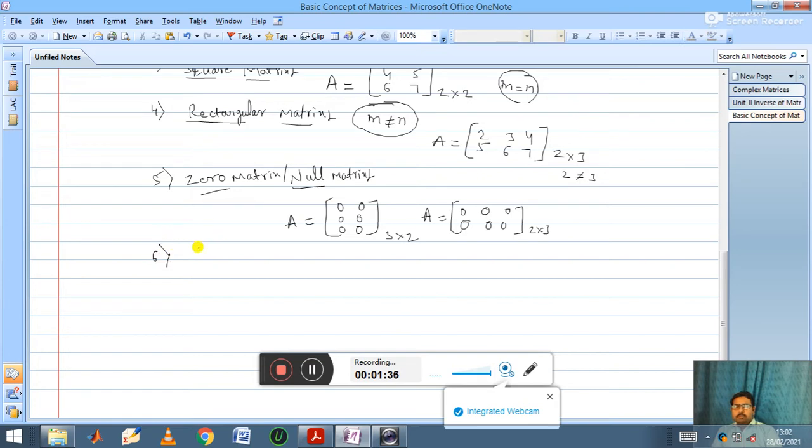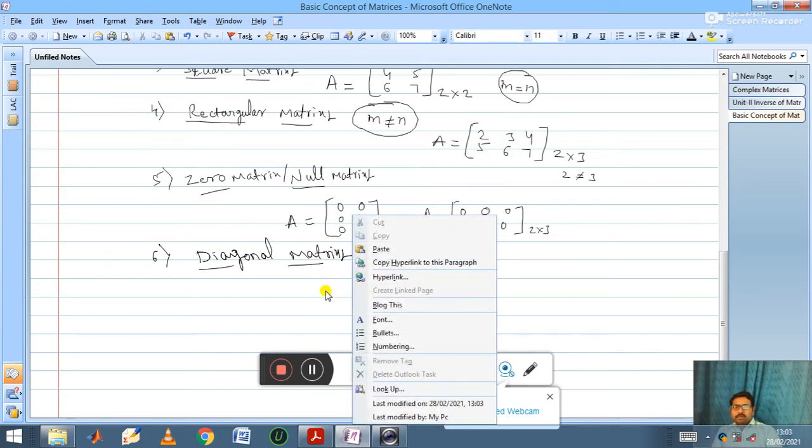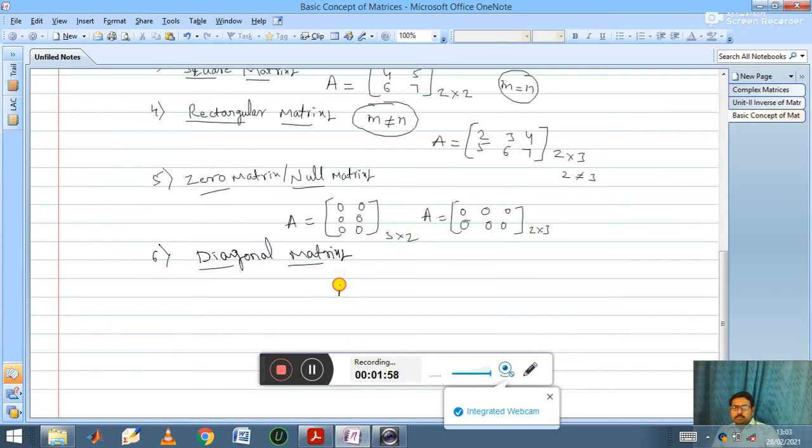Sixth one, diagonal matrix. Diagonal matrix means, if you take one matrix, let us take matrix A equals 2 0 0, 0 3 0, 0 0 4.